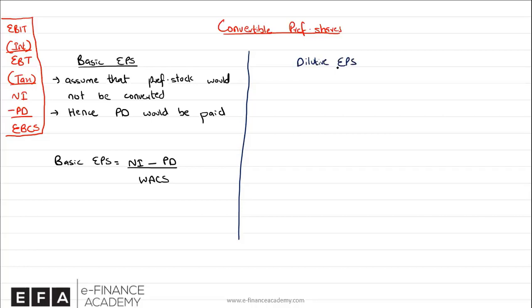We want to see whether it's dilutive or not. So we assume that preferred shares are converted to common. And if they are converted to common, that means there would be no more preferred dividend.